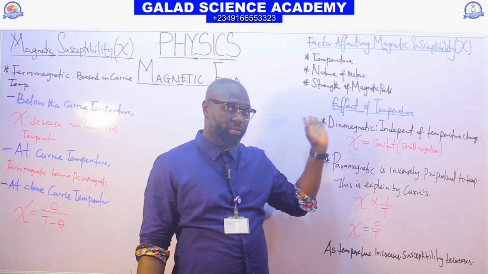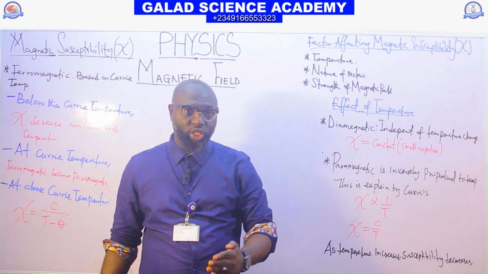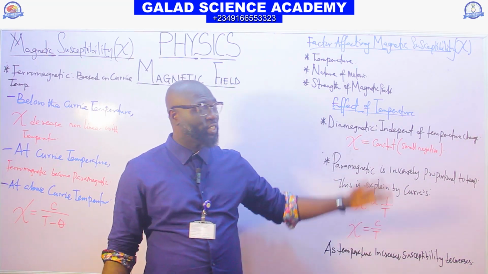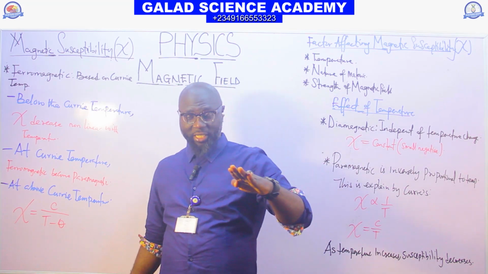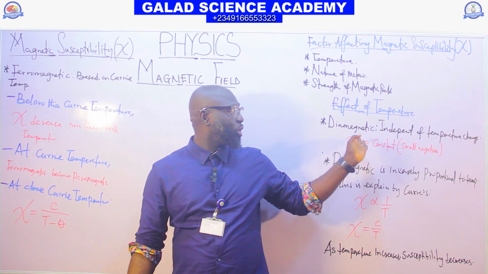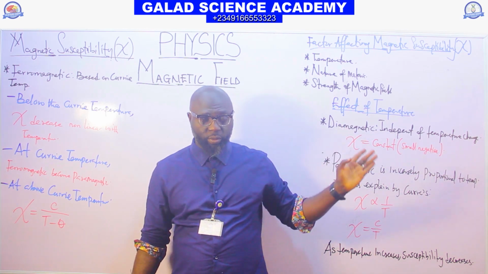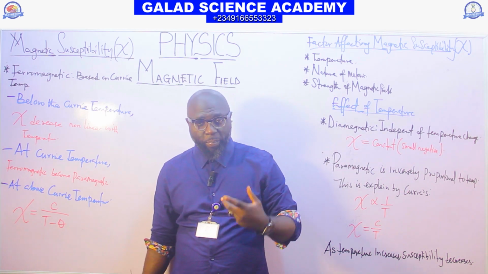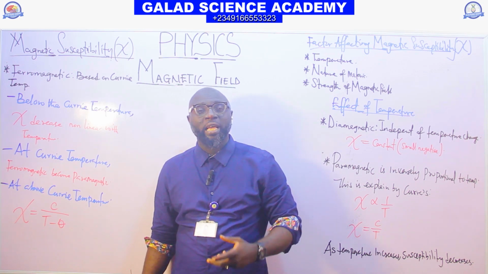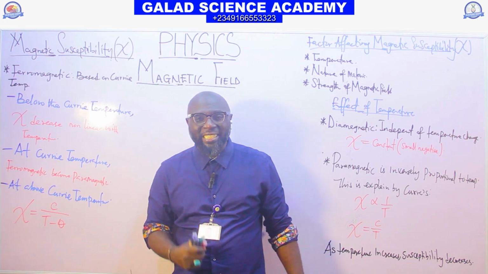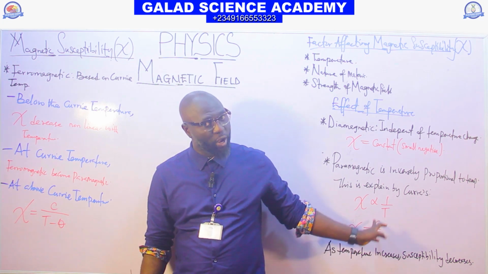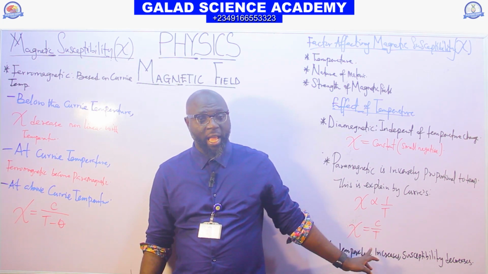Once again, the effect of temperature on a magnetic material varies. For diamagnetism, when the temperature changes, the susceptibility of the diamagnetic material is constant. It has nothing to do with temperature change. But for paramagnetism, the magnetic susceptibility is inversely proportional to temperature.